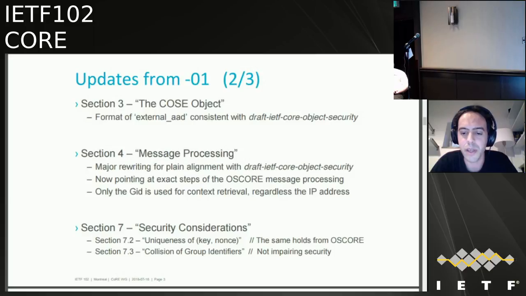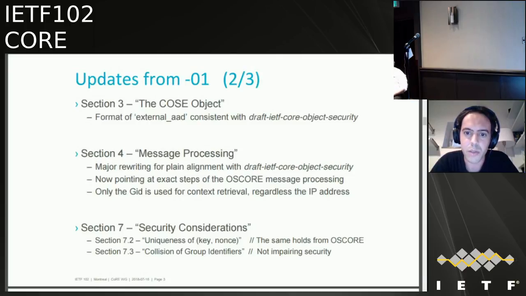Now we are pointing at exact phases and steps of the message processing in OSCORE. So saying exactly that step, that changes, that is skipped, that doesn't happen anymore, and so on. So it should be much easier to read and follow.